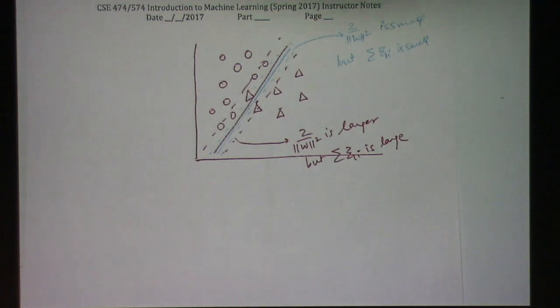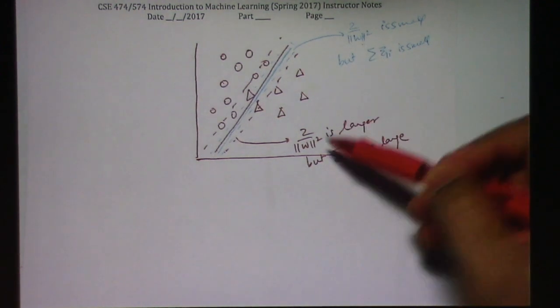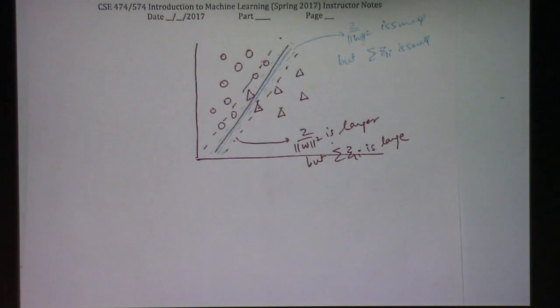Because you're accommodating more slack. So what that C lets us do is control between that. Should we choose this or should we choose this, right? You want to keep your margin as big as possible, but you do not want to accommodate too much slack. So that trade-off is balanced by that C.